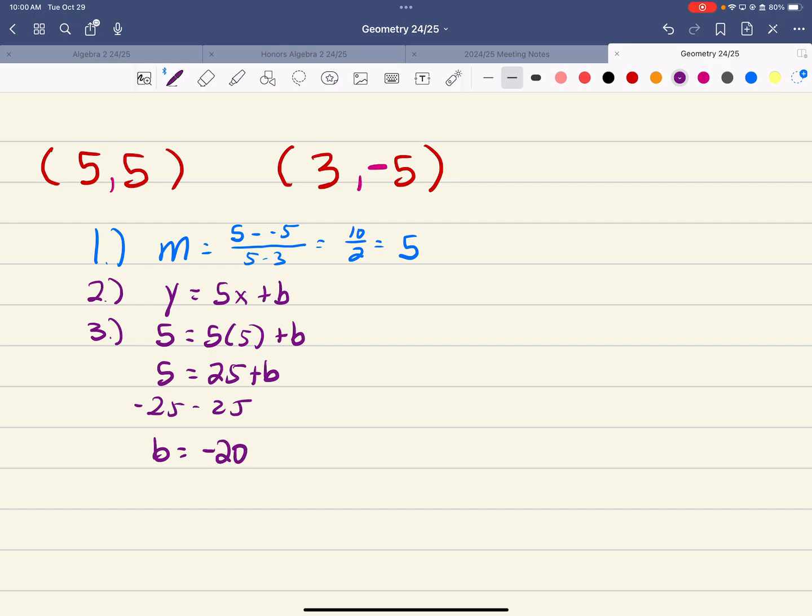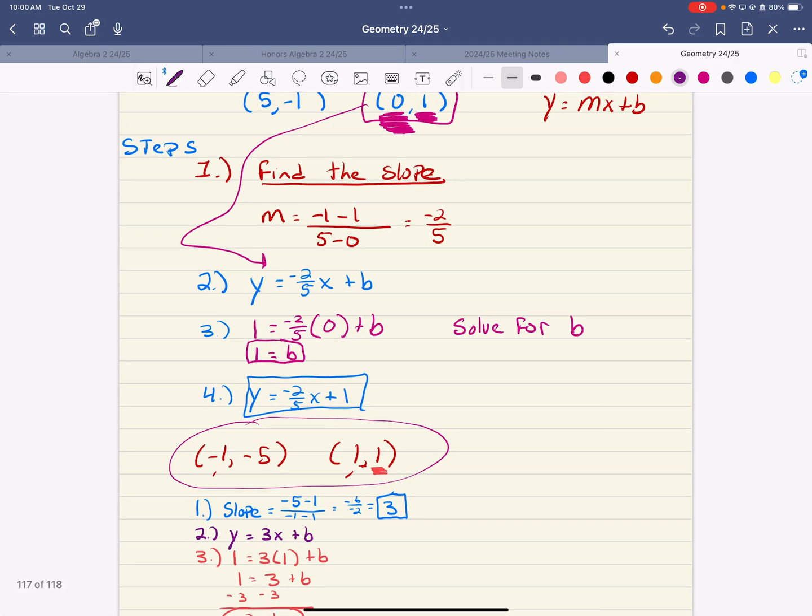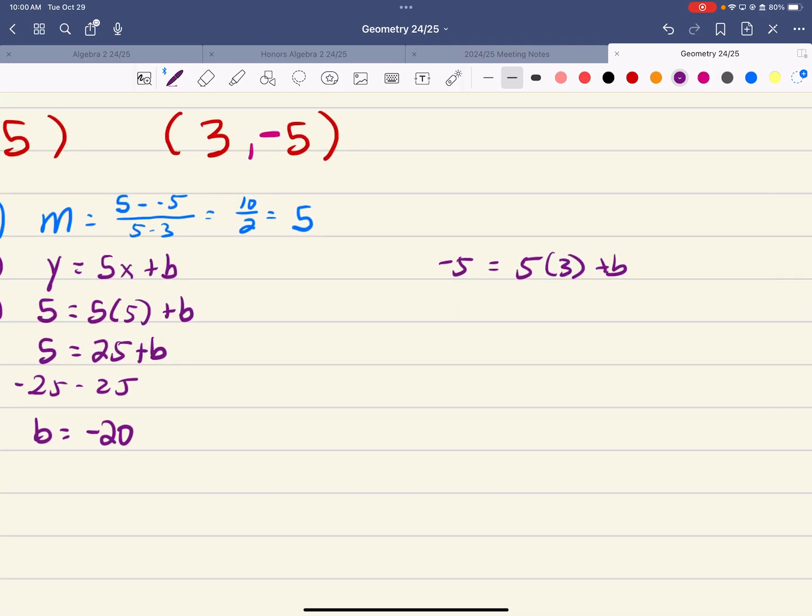Does that look right? Yes? B is -20. If you did it the other way, you would have had -5 equals 5 times 3. So -5 equals 15 plus b, -20.